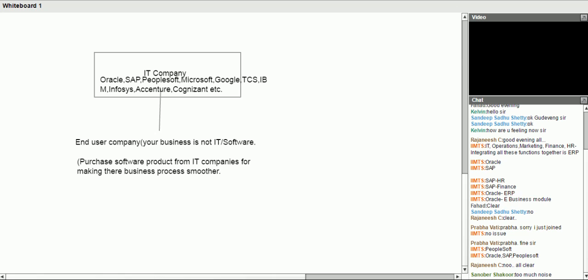So these are the IT companies which develop solutions for the end user companies.